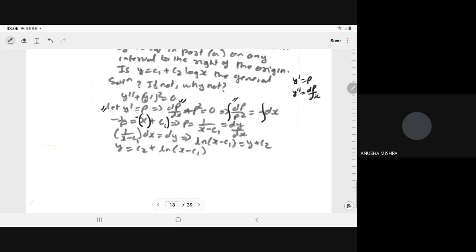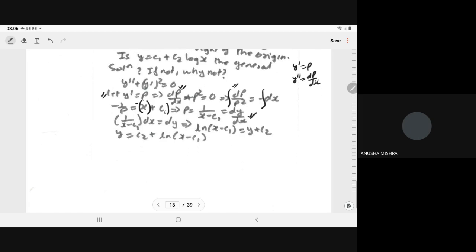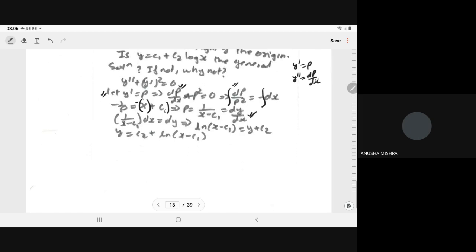So this will be p is equal to 1 upon x minus c1, and p is dy divided by dx. So again you separate the variables. When we separate, 1 upon x minus c1 into dx is equal to dy, now you integrate on both sides. The left hand side will come ln of x minus c1 is equal to y plus c2.